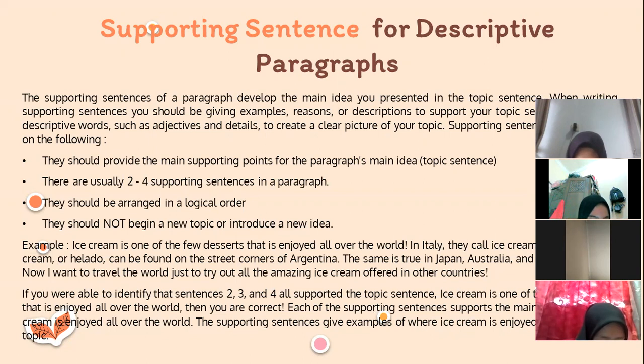Each of the supporting sentences supports the main idea that ice cream is enjoyed all over the world. The supporting sentences give examples of where ice cream is enjoyed to support the topic.